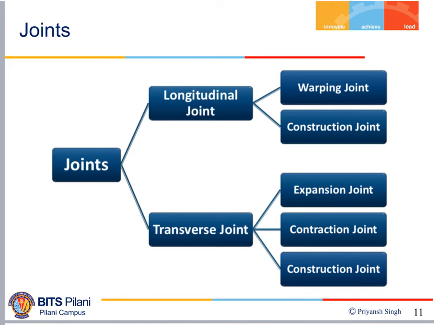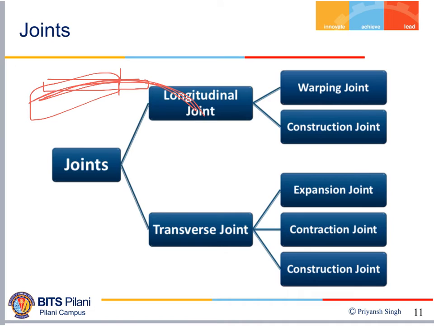Suppose you have a bigger width of your pavement, the warping stress in the pavement will be high. Suppose I introduce a joint here in the pavement, the warping stresses which would be continuous throughout the pavement width will be concentrated on this part of your pavement.